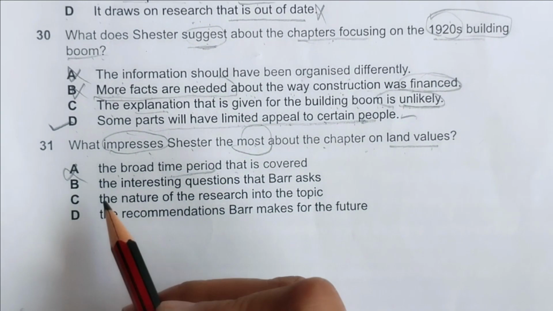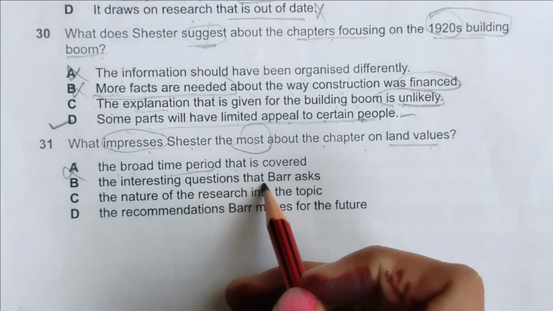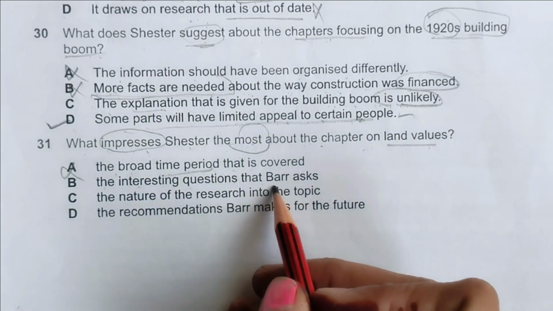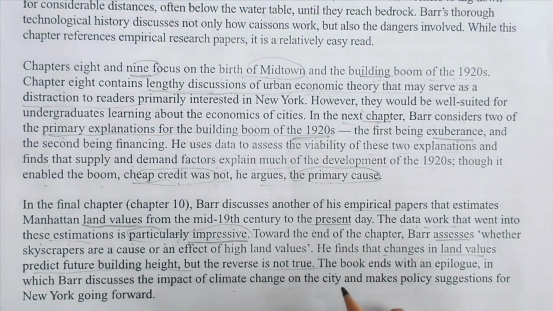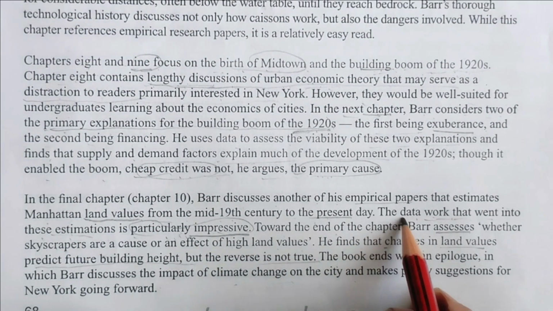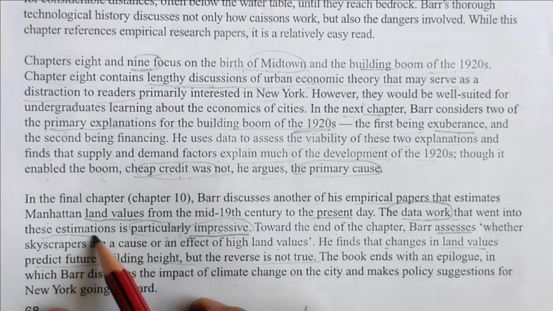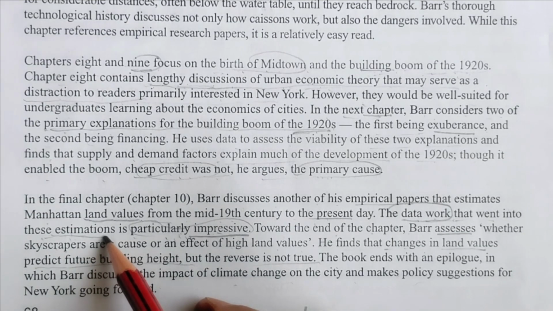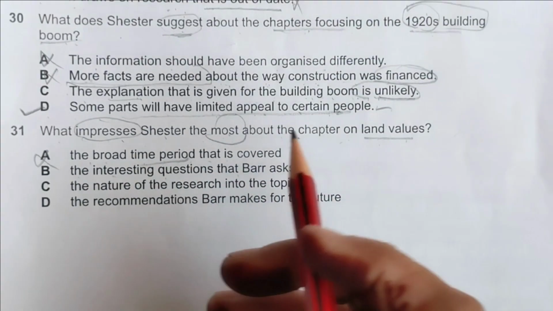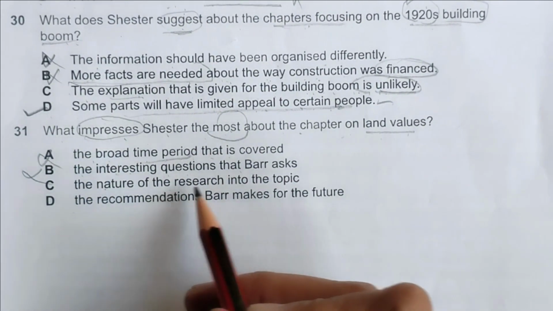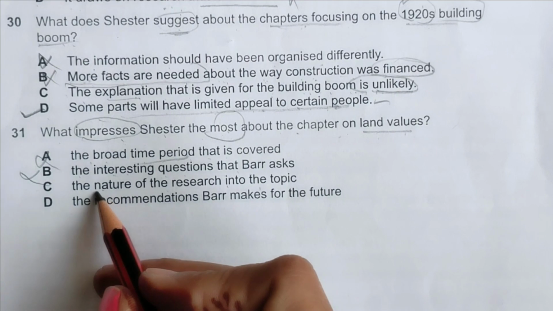She is not impressed by the interesting questions that Barr asks. She is particularly interested in the data work, the estimation, which is particularly impressive. The interesting questions, no. The C option, the nature of the research into the topic.